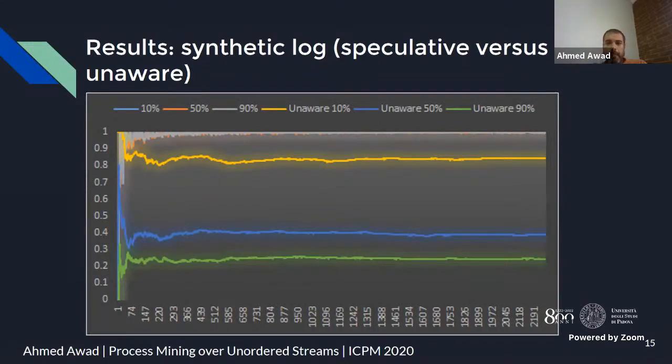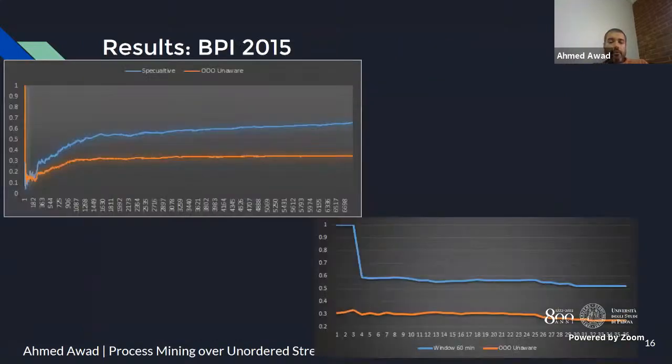For the real-life logs, we can see similar patterns: in general, the speculative and the windowing or buffering approaches perform much better than the order-unaware one. But you might ask why, for example, the speculative approach does not converge to 1 at the end.